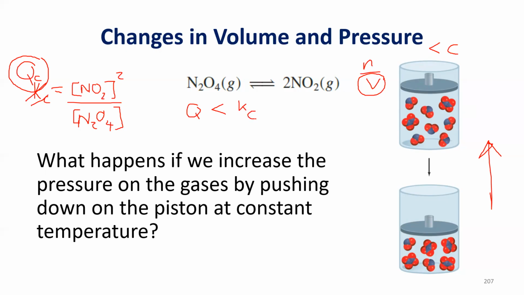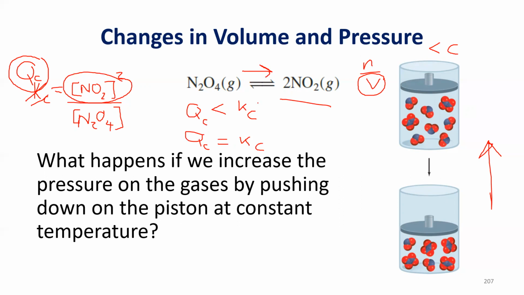So for the system to now return to the equilibrium state, there has to be a certain shift. It needs to increase this numerator for Qc now to become equal to Kc. So for that to happen, the forward reaction, which produces more moles, is the one that is favored.